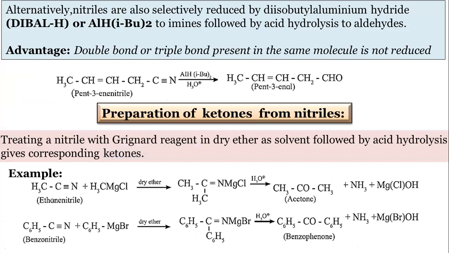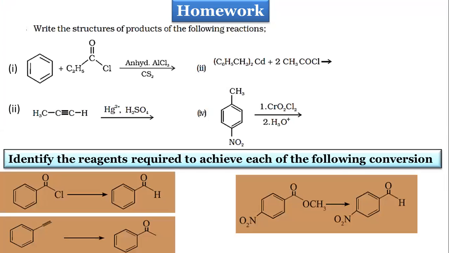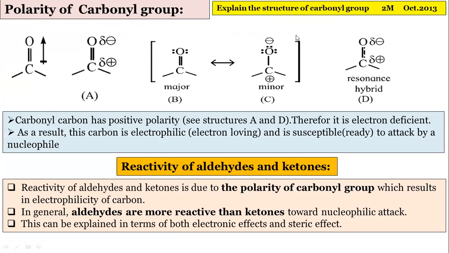Now, yesterday we were discussing the polarity of the carbonyl carbon. See, this carbonyl carbon is polar due to the electronegativity of this oxygen. So this oxygen pushes the electron density towards itself.